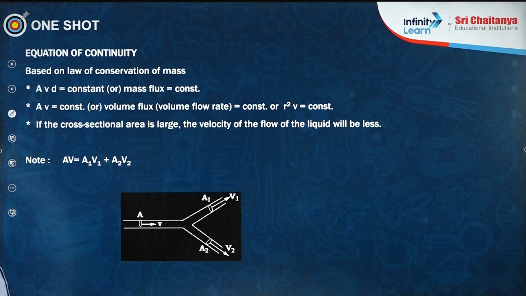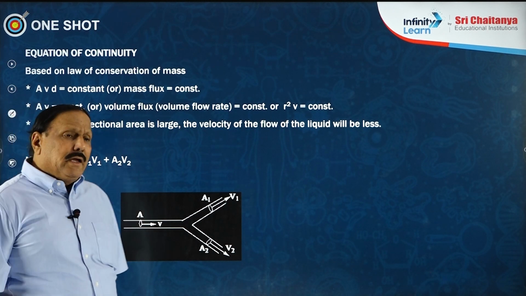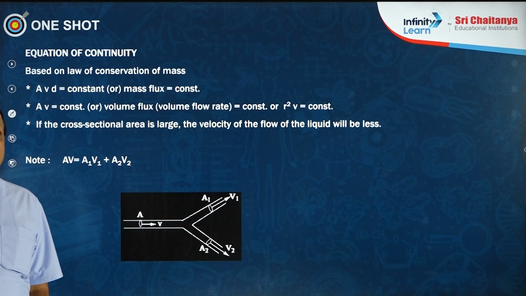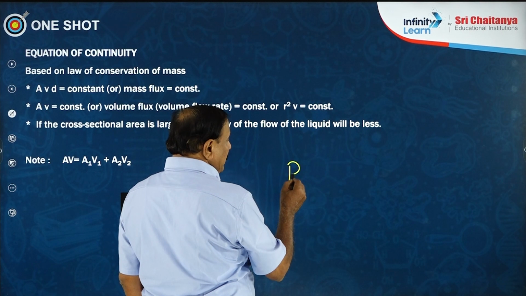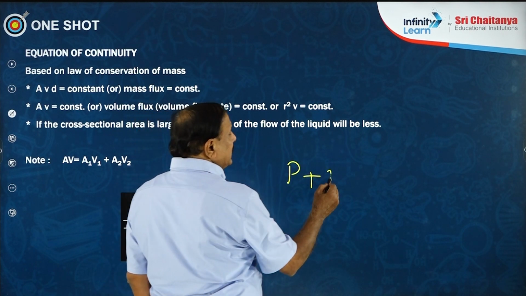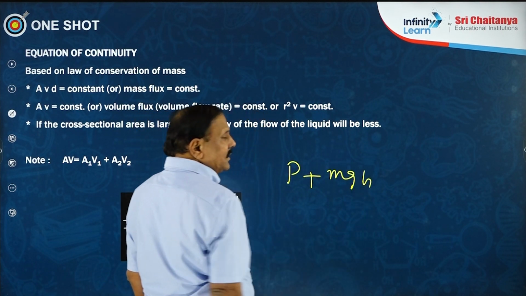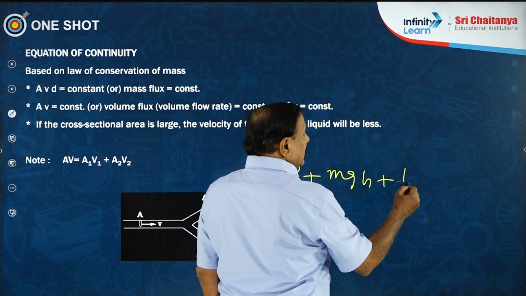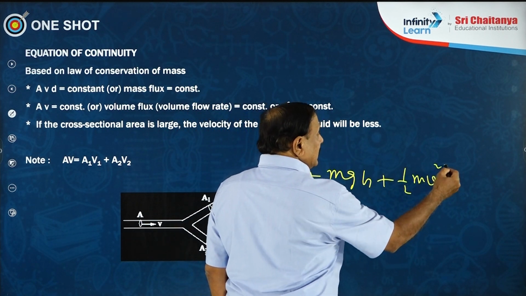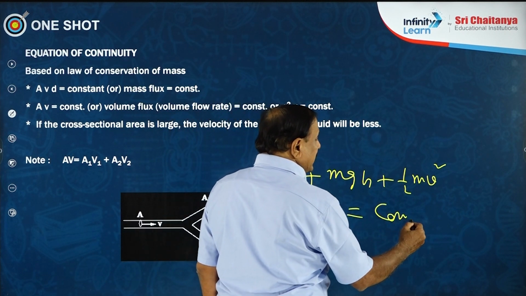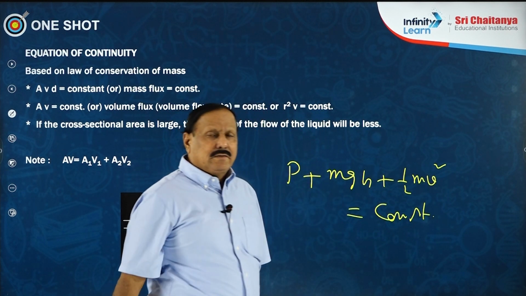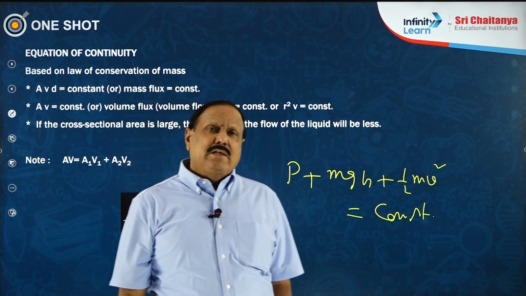Pressure energy is P, potential energy is mgh, kinetic energy is half mv square. The sum of these three types of energies is constant. This is called Bernoulli's theorem.